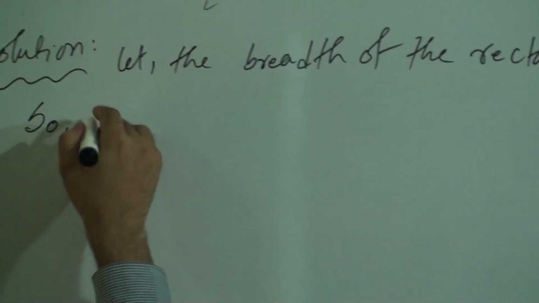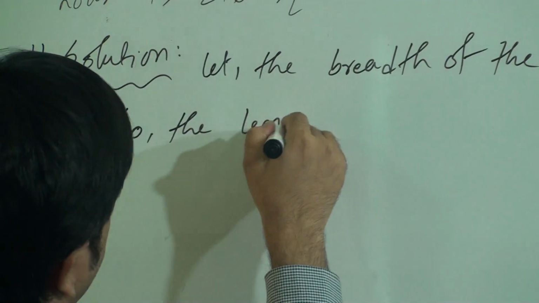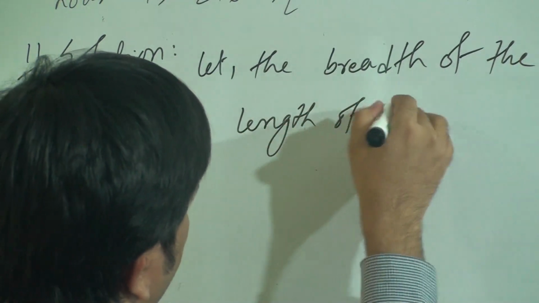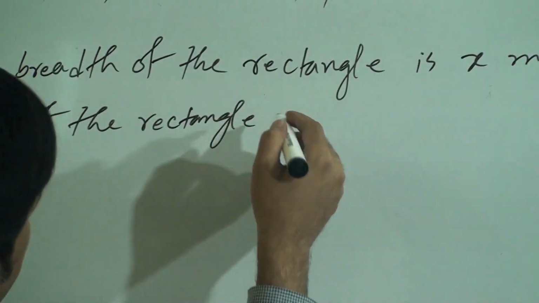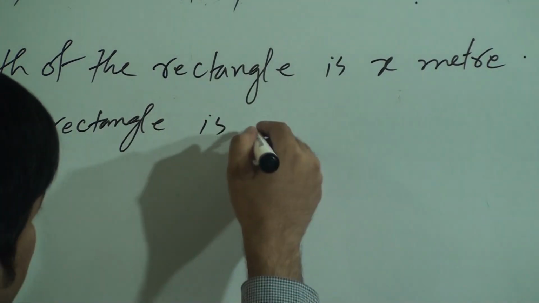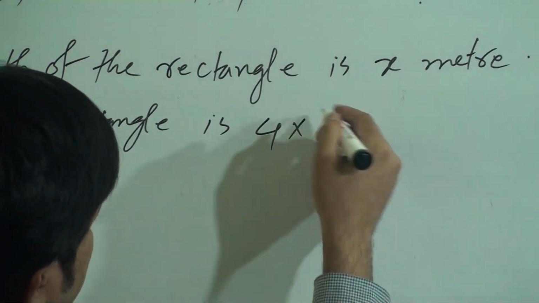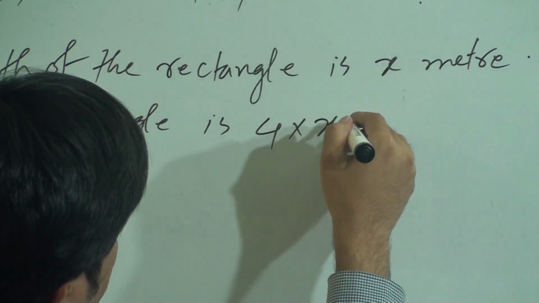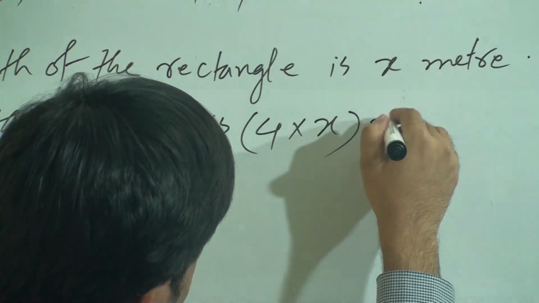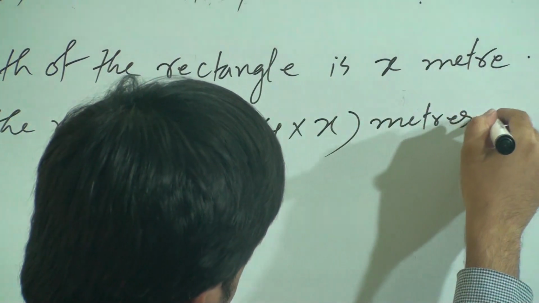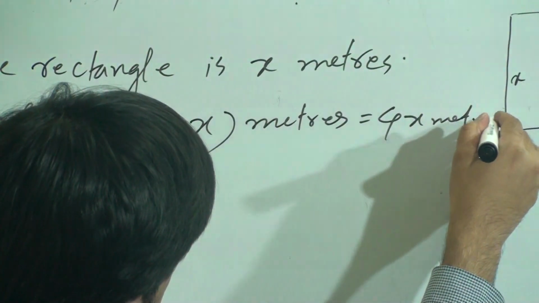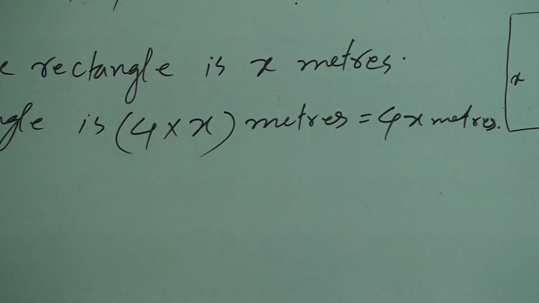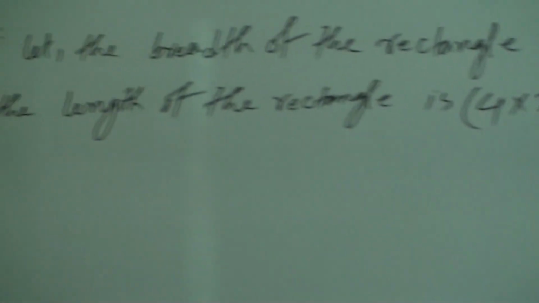So the length of the rectangle is 4 times the breadth. It means 4 into x meter. This is 4x meters. Okay, now we know the formula for determining the area of the rectangle.